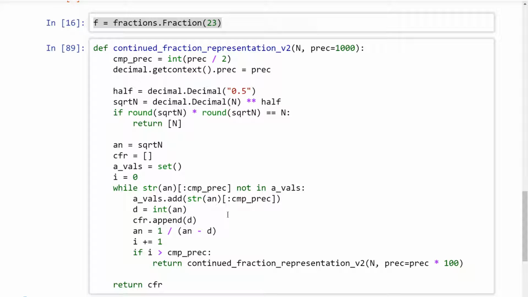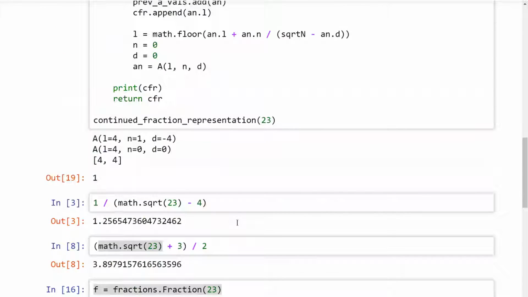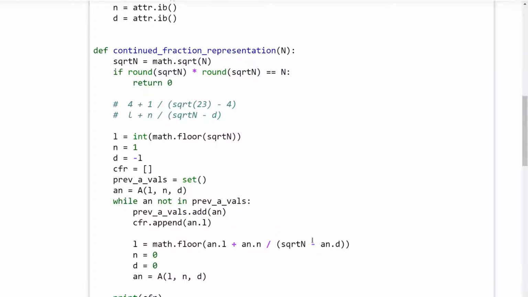What I'll also be interested to know is what is the longest. So let's see, L. So this is our L. Then we need to keep it. Okay, we have AN.